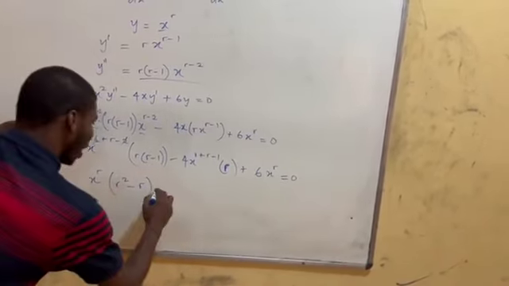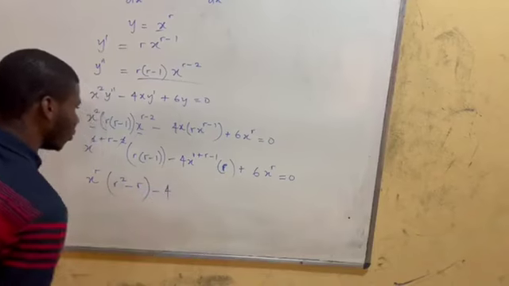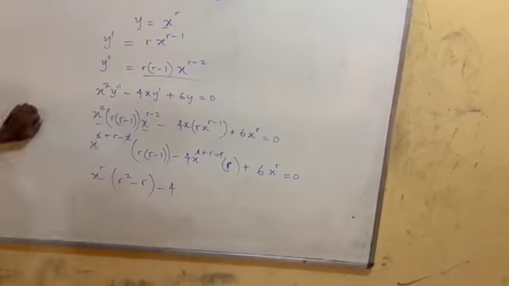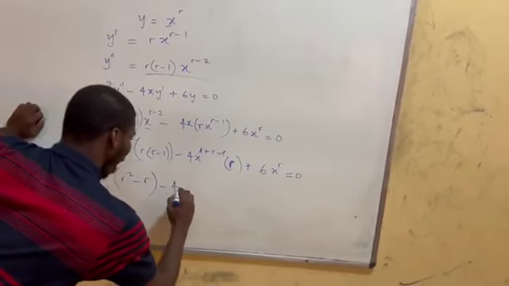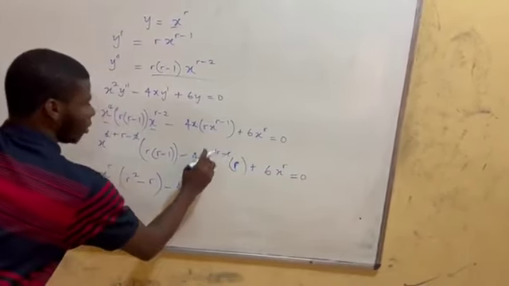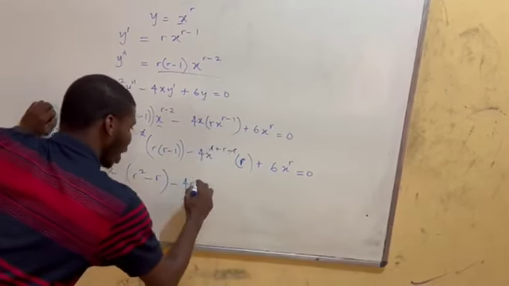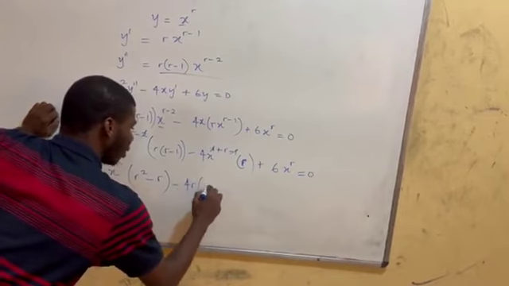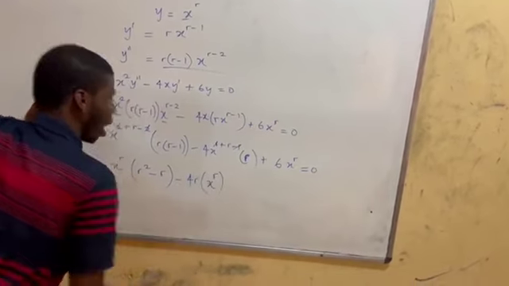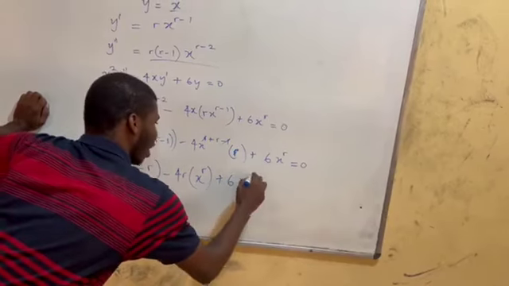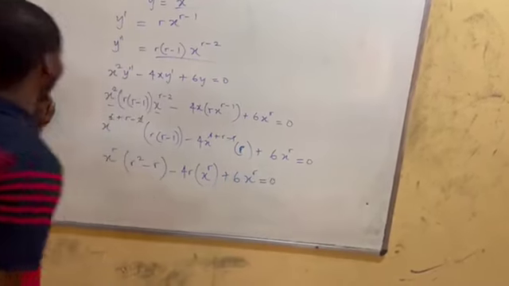Then we have minus 4x, and this cancels out as well. We have 4r multiplied by x to the power of r, plus 6 x to the power of r equals 0.